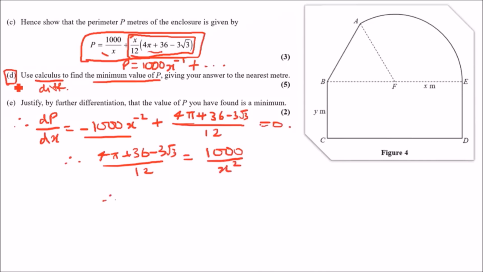Throwing this all in the calculator, we can have x squared equals 1000 divided by all this term in the calculator, which gives us 1000 over 3.614.